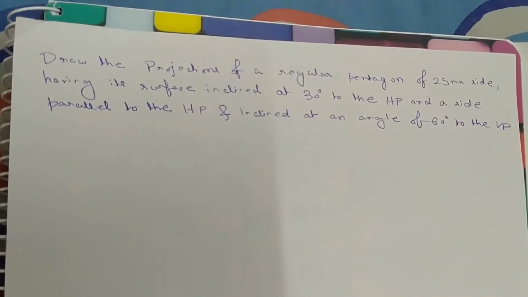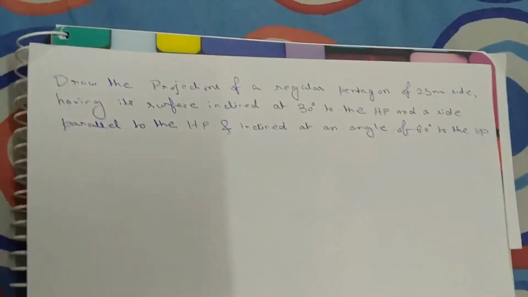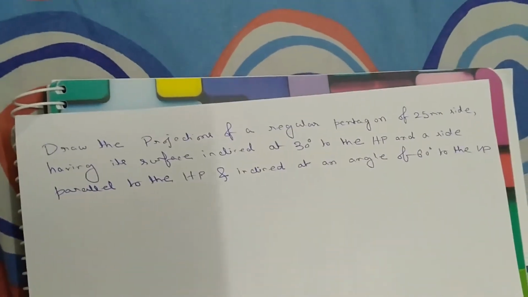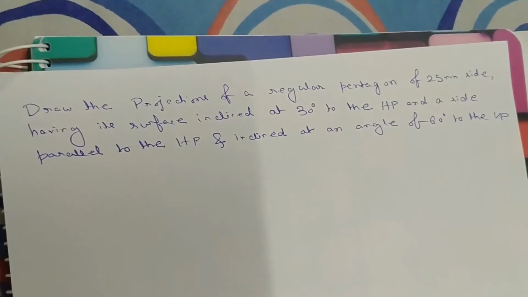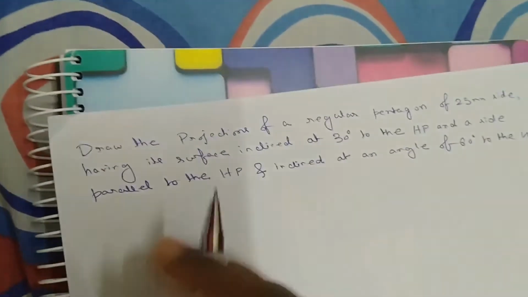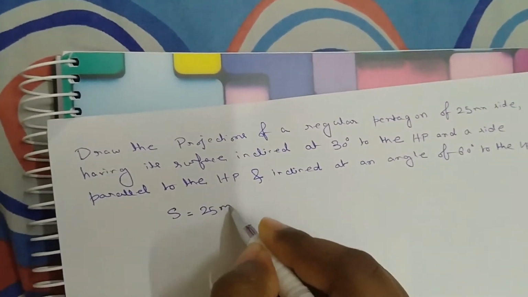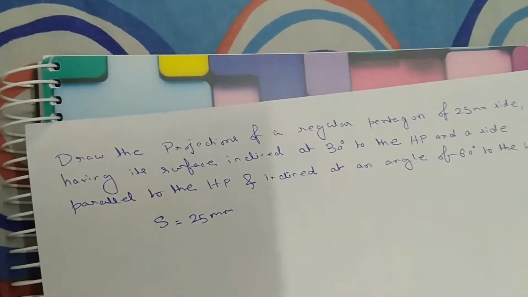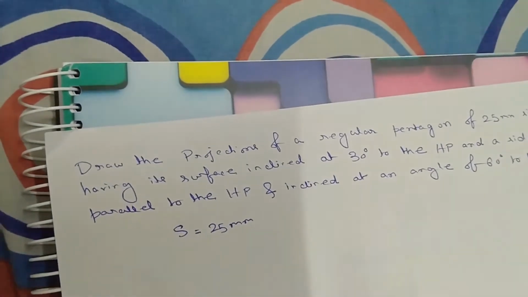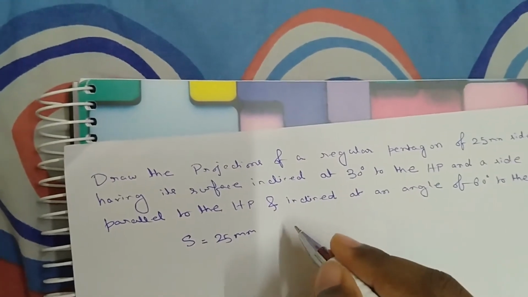Draw the projection of a regular pentagon of 25 mm side having its surface inclined at 30 degree to the VP. So first thing is, all of the side of pentagon is 25 mm. Then the surface inclination is 30 degree to HP.